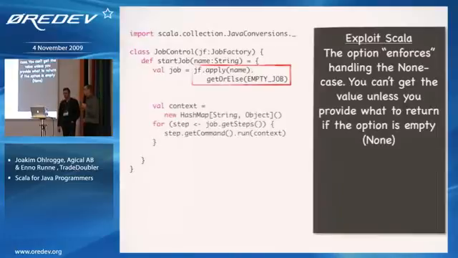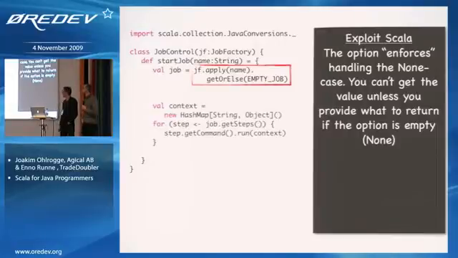The apply method returns an option, and the option has either a value or it doesn't. So we want to get the value, or if it doesn't have a value, we want to use this empty job constant. This way we make sure the job always contains something meaningful in this context.